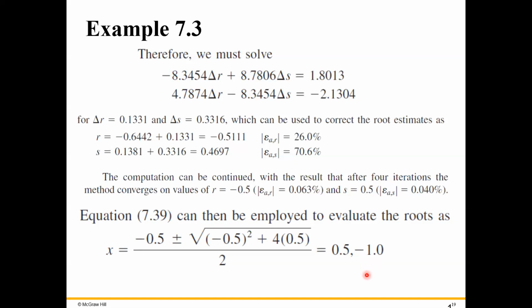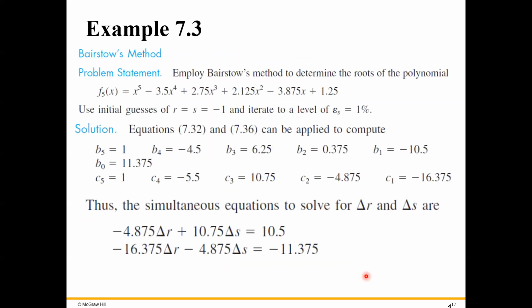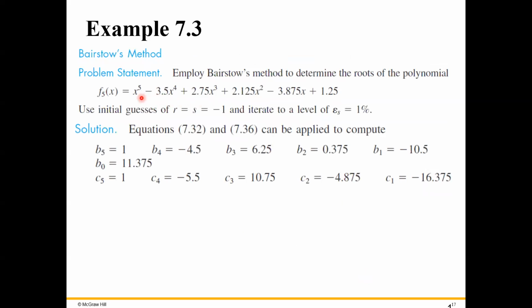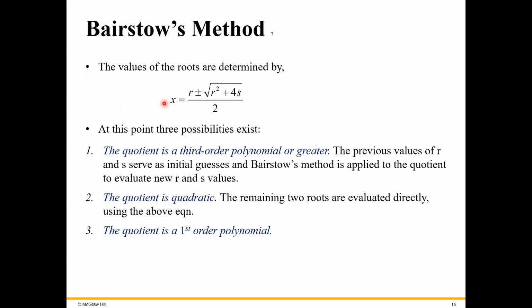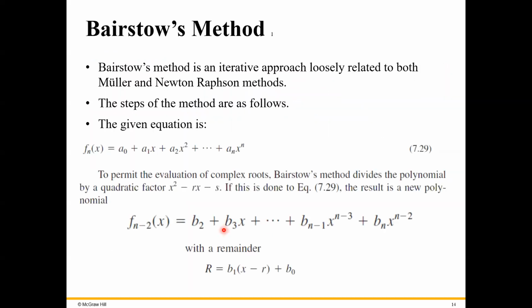So this is just one set of the solution, because we initially took the fifth order polynomial, right? Out of this fifth order polynomial, we have found two roots. So the other roots we still have to find. Remember that now we have found two roots, the remaining three roots will be given by this equation.